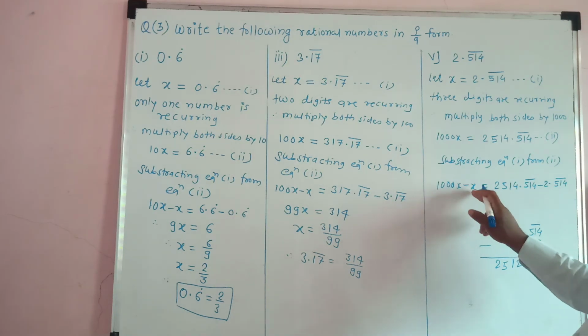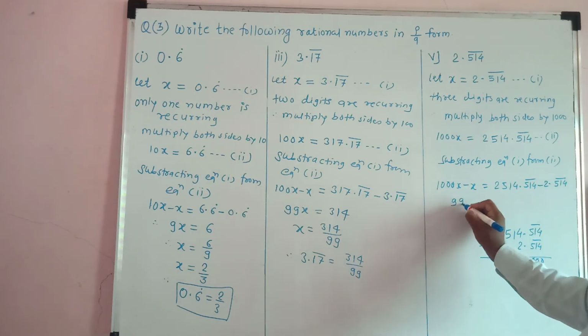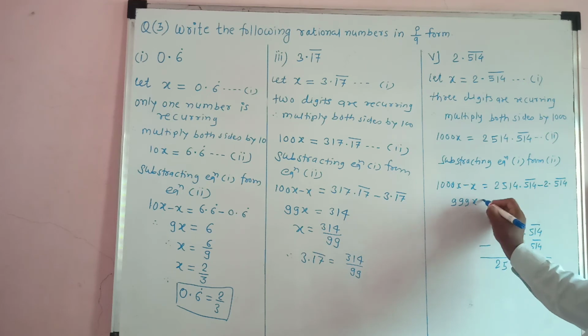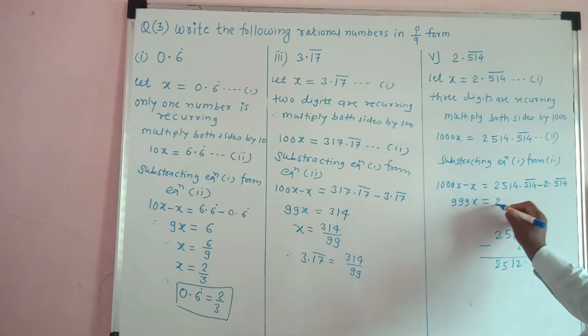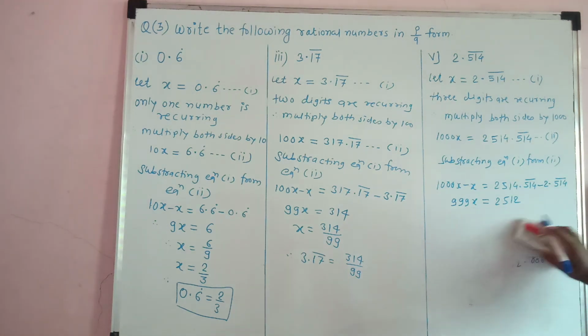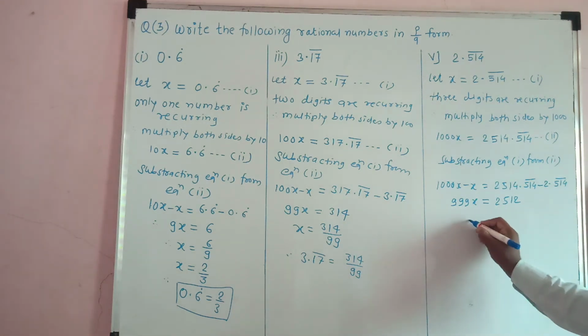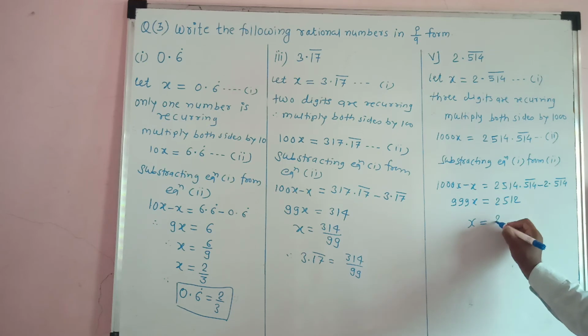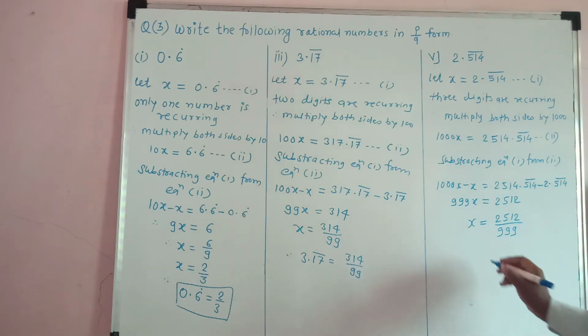And 1000x minus x is 999x is equal to 2512. Therefore we get x is equal to 2512 upon 999.